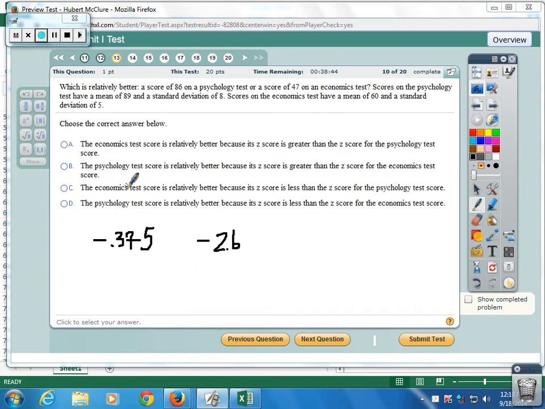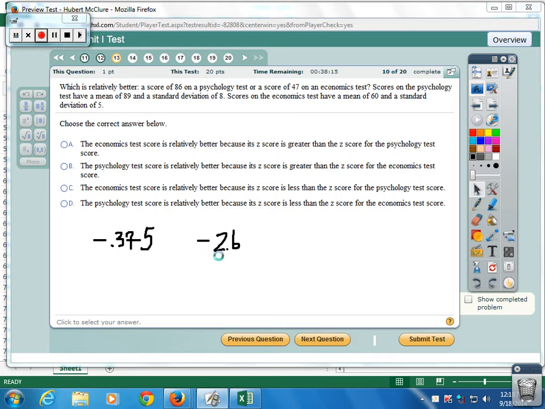What's the formula? X minus X bar over standard deviation. Or the score you're given minus the mean over the little number, standard deviation. Okay, so I would go with the 0.375 because this means that you really are out there.